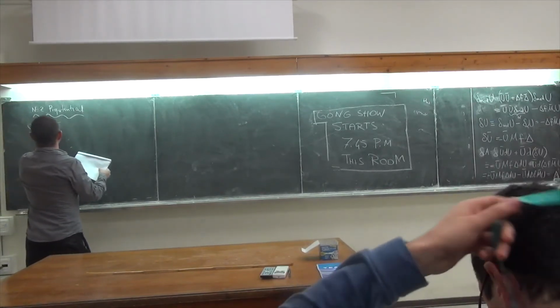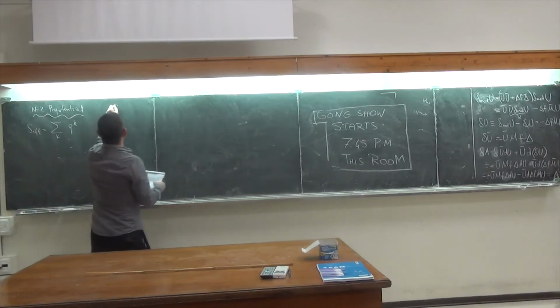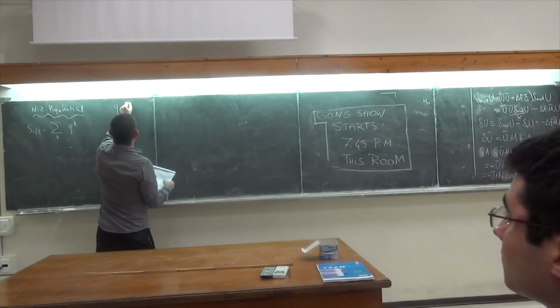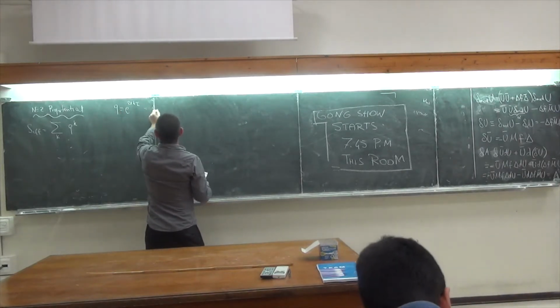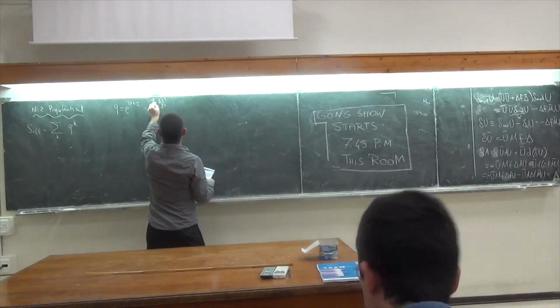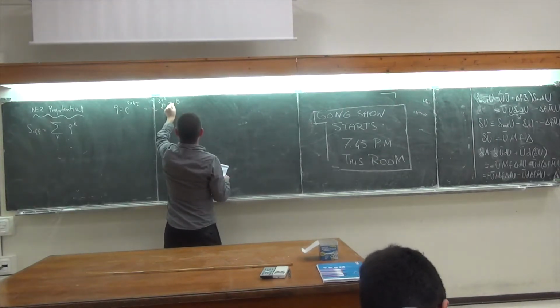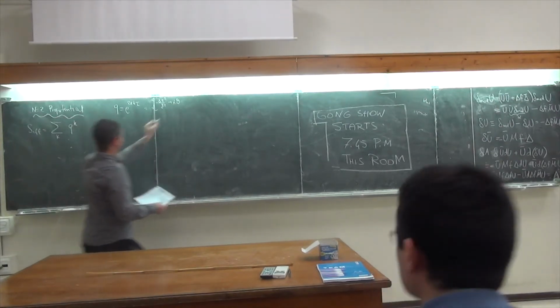We're going to compute the sum over k of q to the k, where I call q e to the 2 pi i tau, which is roughly e to the 8 pi squared over g squared plus some theta.